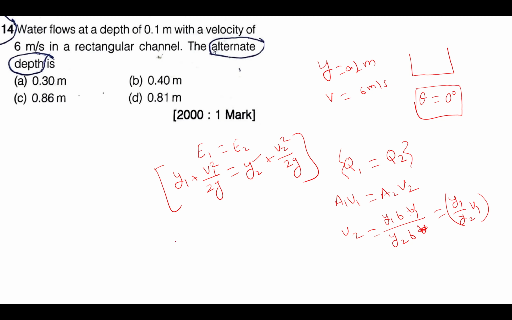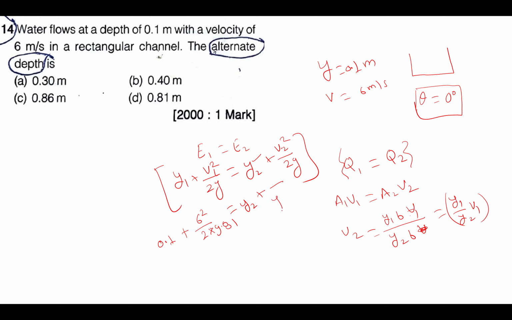So here you put: your Y1 value is 0.1, plus V1 square, V1 is already given, 6 square, divided by 2g, 9.81, equal to Y2 plus V1 Y1 by Y2 whole square divided by 2g.